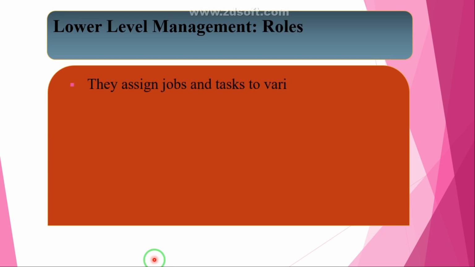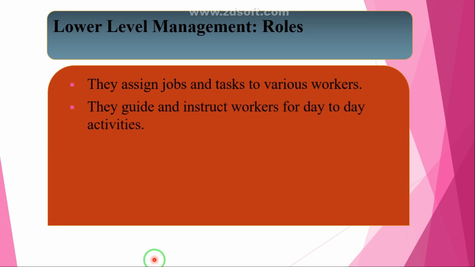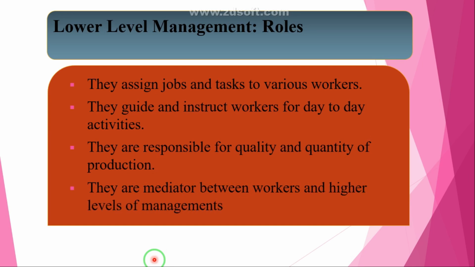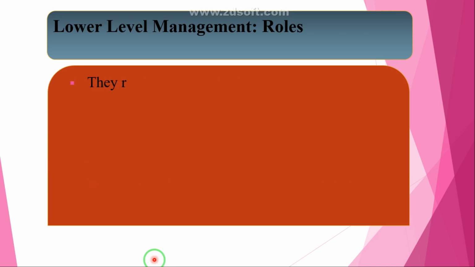Talking about the roles of lower level management, they assign jobs and tasks to various workers. They guide and instruct workers for day-to-day activities. They are responsible for quality and quantity of production, and they are mediators between workers and higher levels of management.